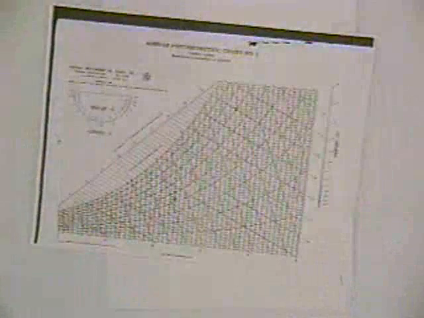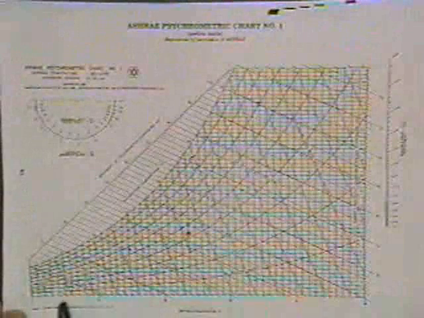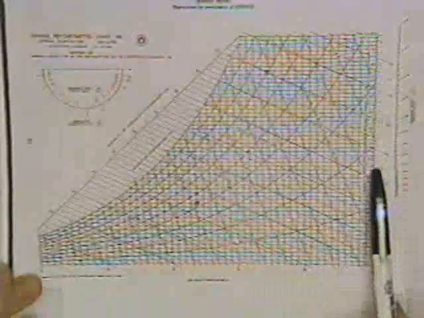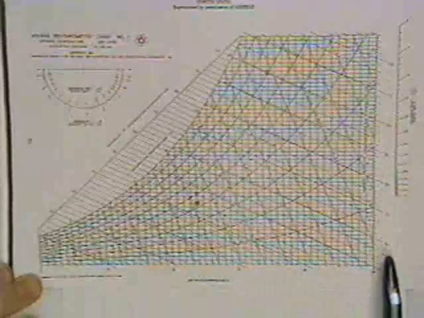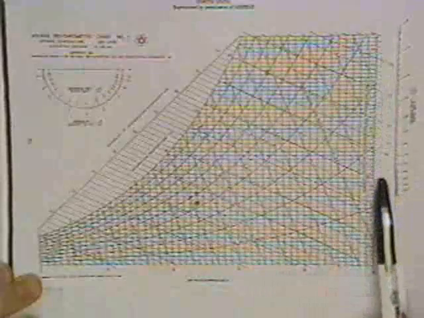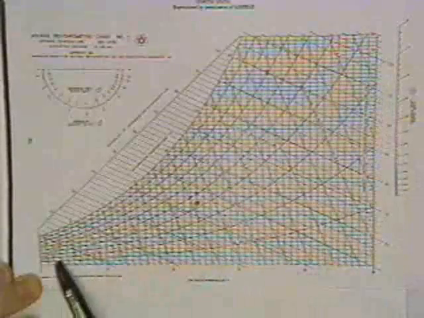So I've got a copy of the psychometric chart that I copied out of our book, the Supplied Reference Manual, and there's an awful lot of lines on the psychometric chart. But again, like the little sketch I gave you before, dry bulb temperature goes along this axis down here. Along this axis you have grams of moisture per kilogram of dry air.